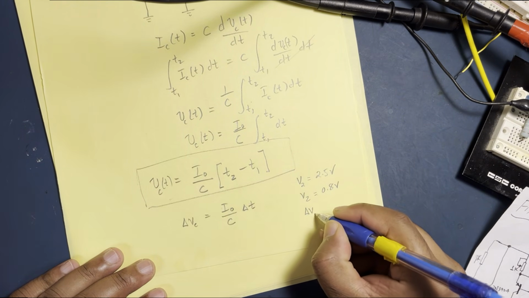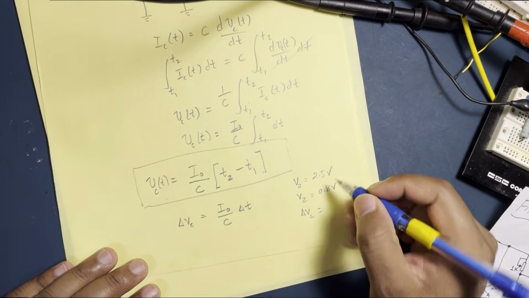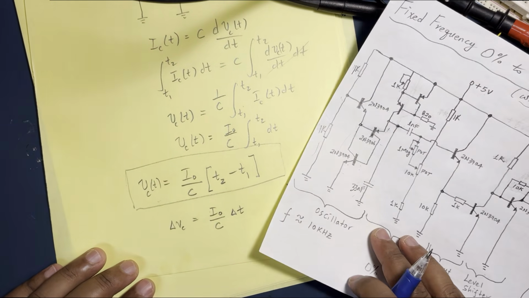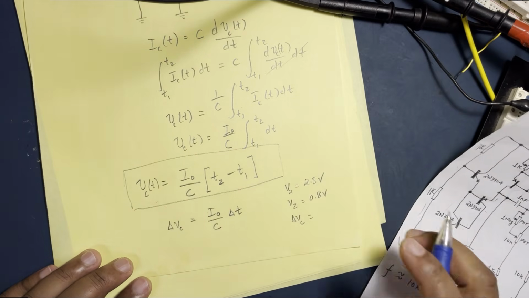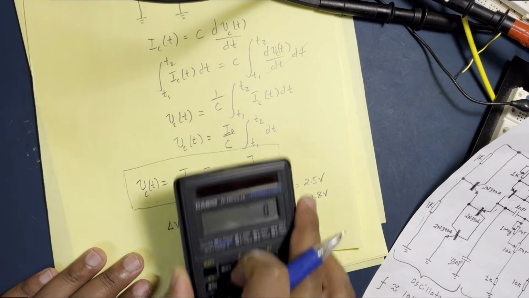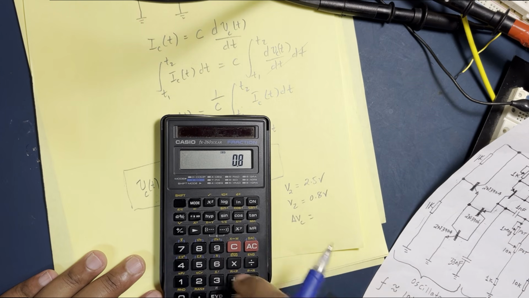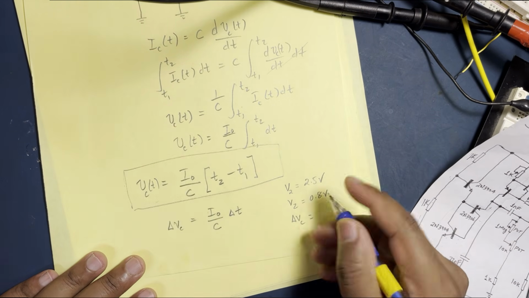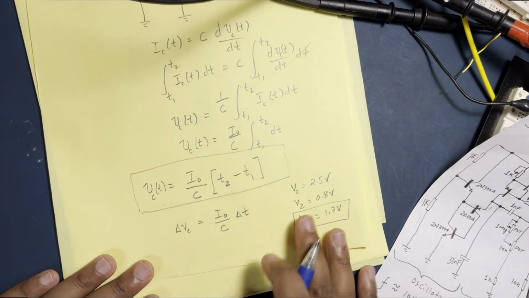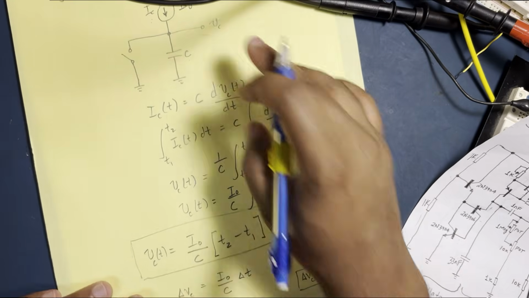Delta Vc is simply 2.5 minus 0.8, which is approximately 1.7 volts. So that's what the capacitor is going to charge and discharge to.